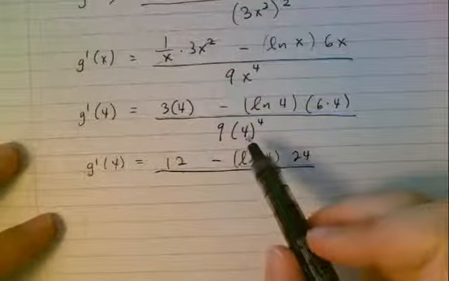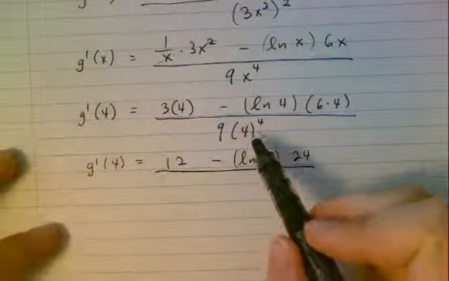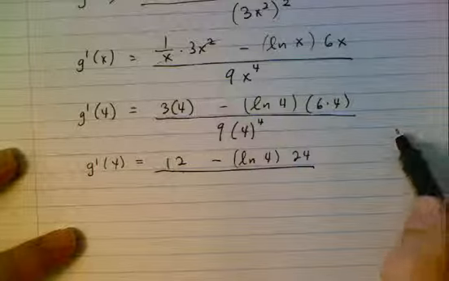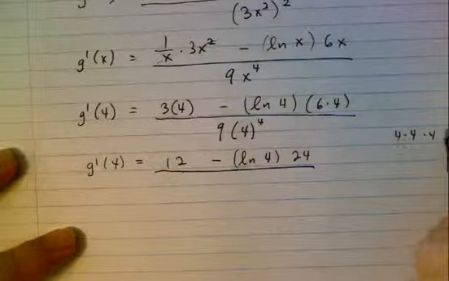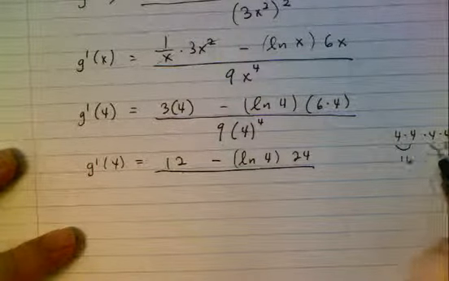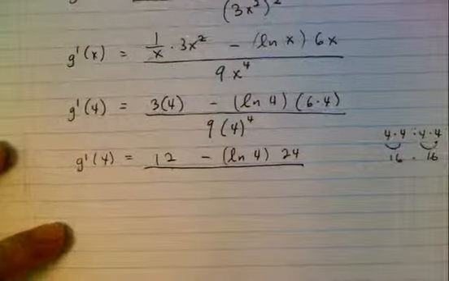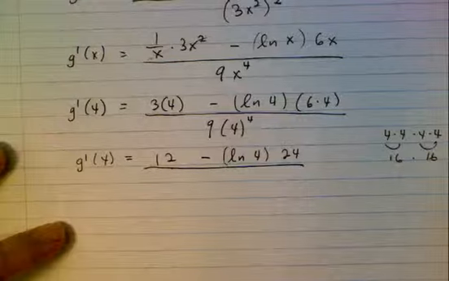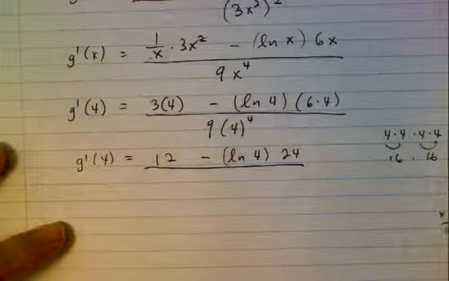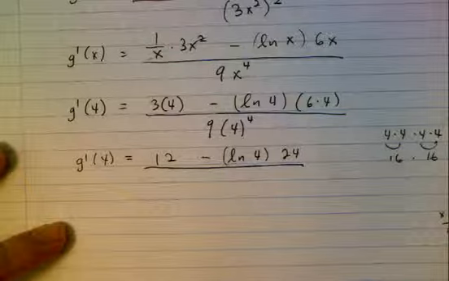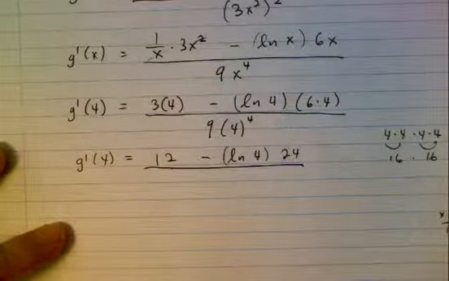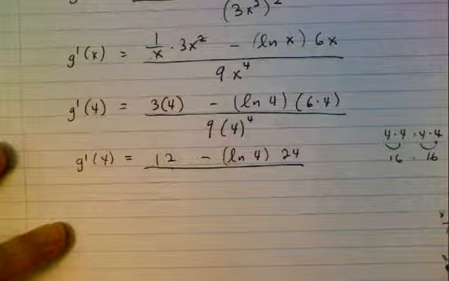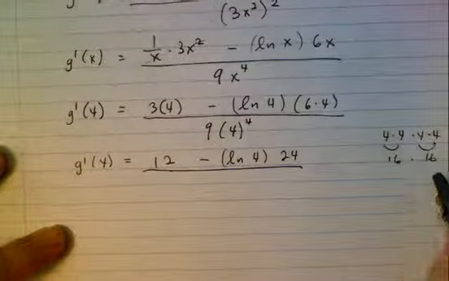Then down here, this is going to be a little bit of a pain to work with, but we do know that 4 times 4 is 16. So if we just multiply 16 times 16, that's going to give us 256.